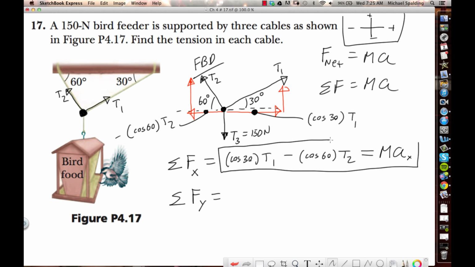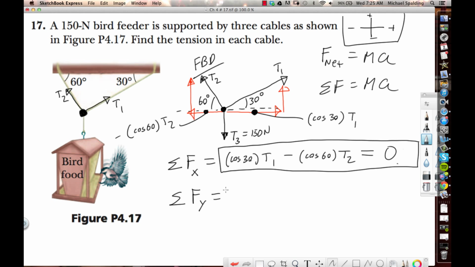Now, is the bird feeder accelerating? Do we have an acceleration in the x? No. So we can cross this a out and put in a 0 there. But technically, just be aware, it's always equal to ma.